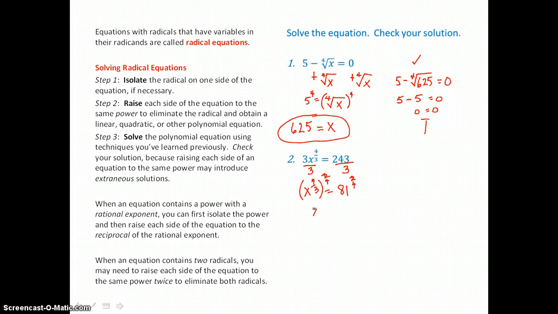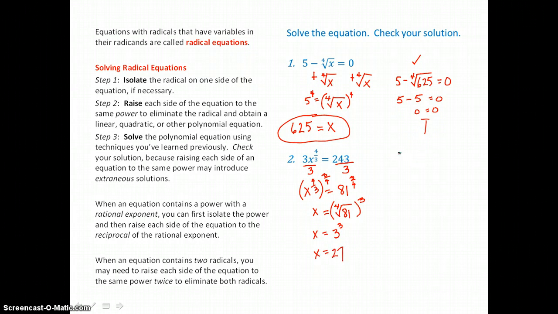So I have x to the first power, and it's equal to, and now I'm going to change from that fractional exponent to a radical, because I have the fourth root of 81 raised to the third power. Okay, so x is equal to, I know the fourth root of 81 is 3, and 3 cubed is 27. So x should equal 27.